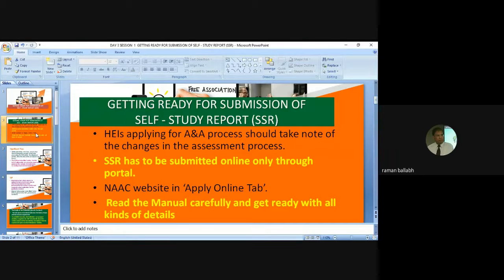You are submitting your SSR on 7th November, and you have not incorporated these things in your website on or before 7th November. You realize in the month of January that it has to be entered in the website also, and you are in trouble.